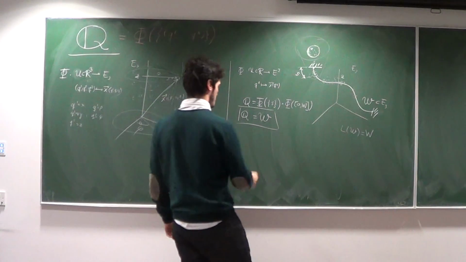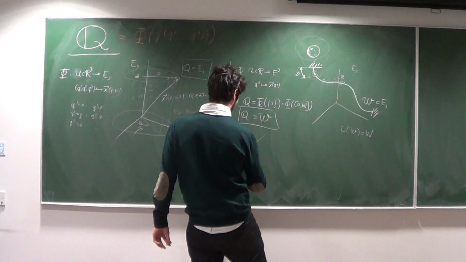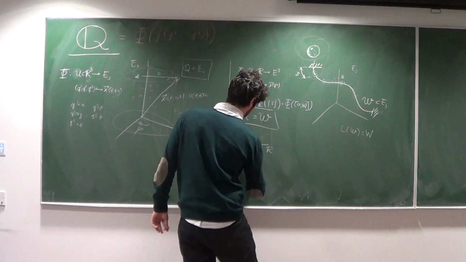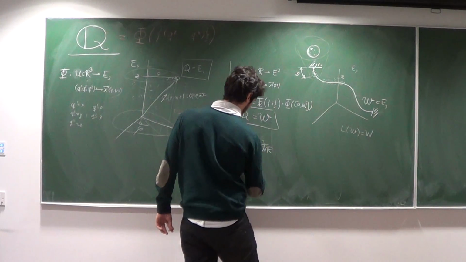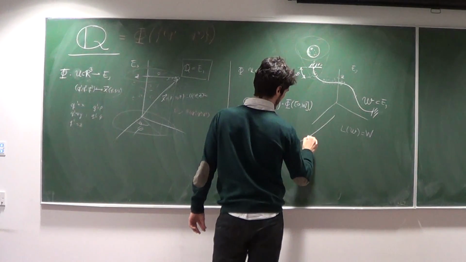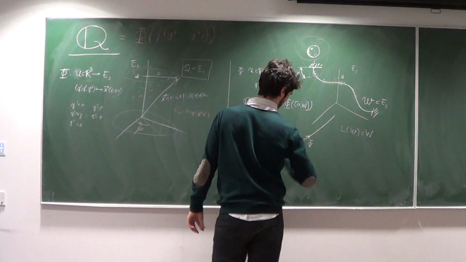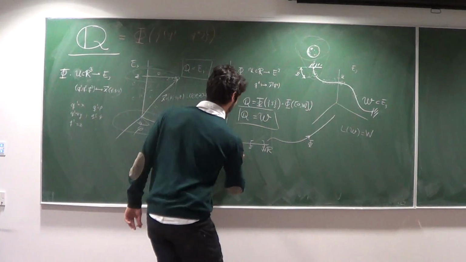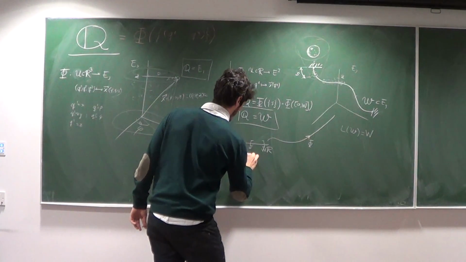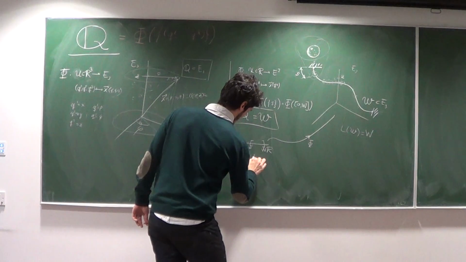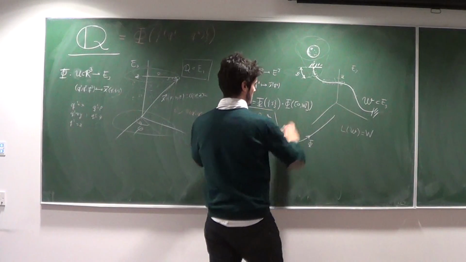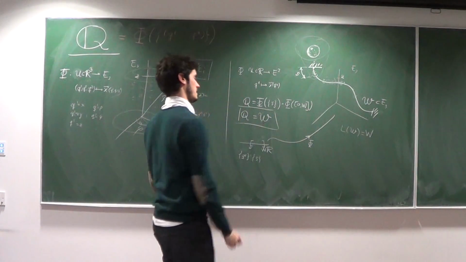In this case, the parameter space is just the interval from 0 to W, and it maps there. So this is what we call all possible Q1s, in this case all possible S, and this is where it maps. The image of this is the whole wire, so Q, in this case, is the wire.